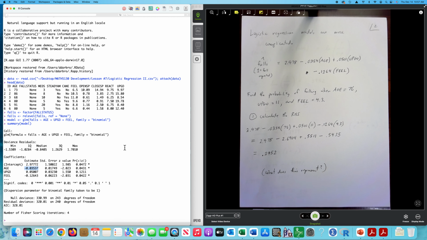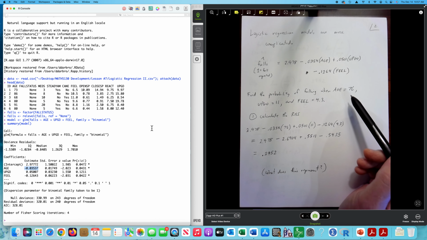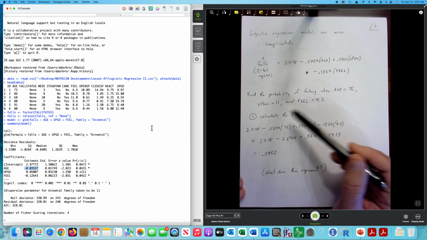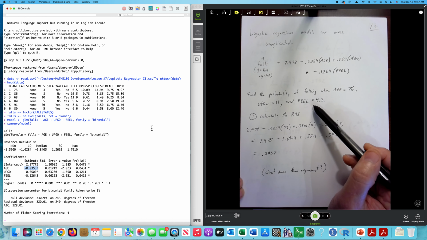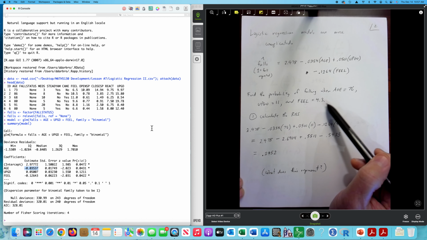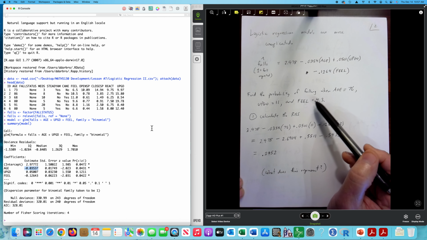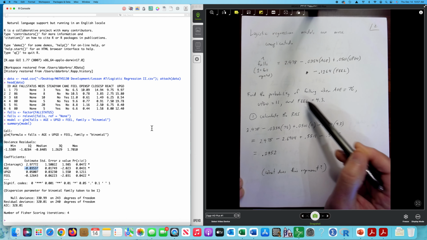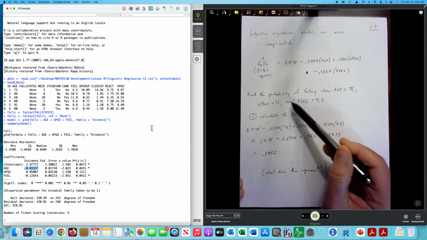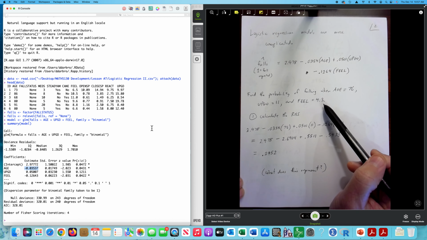All right, so just put those in. So if I want to find the probability of falling when, for example, the age is 76, the upgo test is 11, and feel is 4.3, I just chose these numbers as an example. Nothing holy about this particular subject who's 76 years old, just an example.